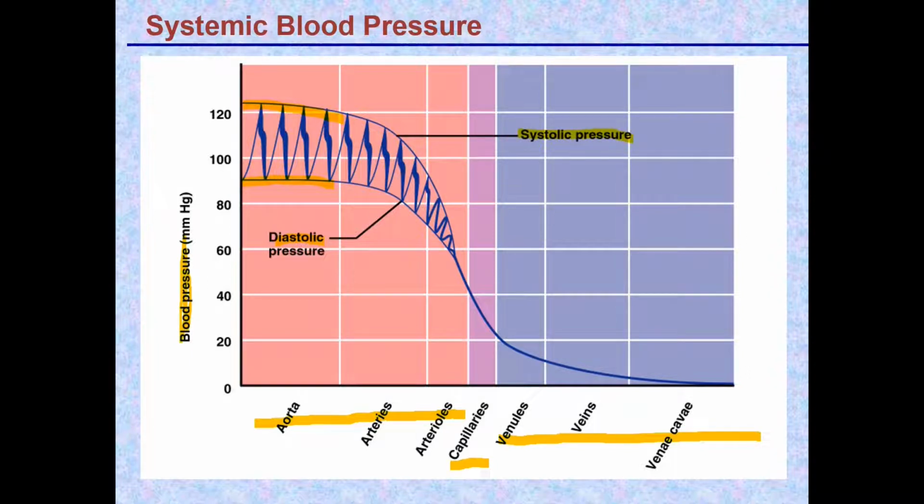But once you get down to the smaller arterioles, that pulsatile flow disappears, it's smoother flow. But in terms of the biggest drop in pressure within that area, it's in the arterioles that you get the biggest change.